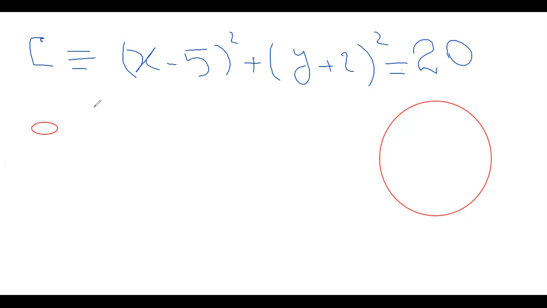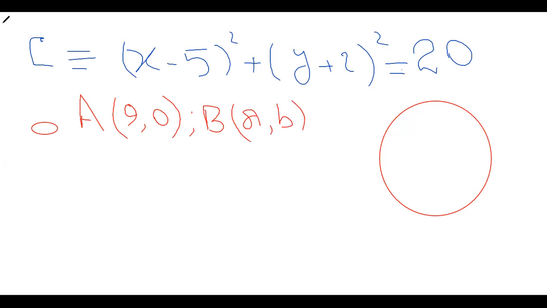Let the point A be this one with the coordinates 9, 0. And the second point is B. A and B is a diameter, so this is the diameter. What I mean to say, if I draw the diameter, let's see where it is.